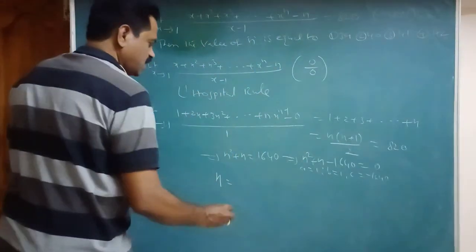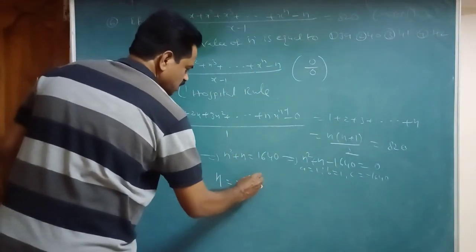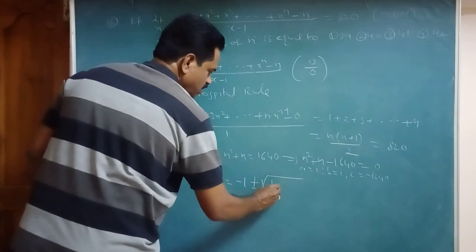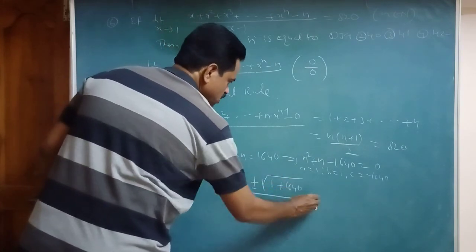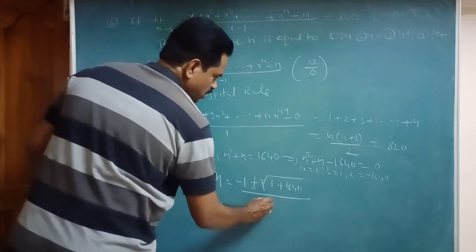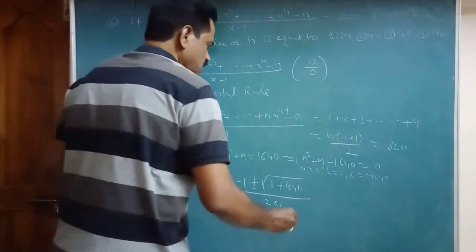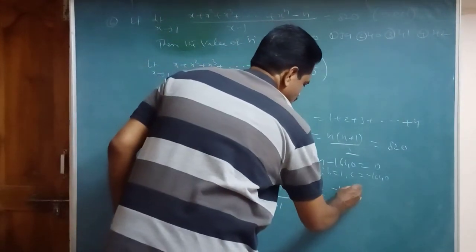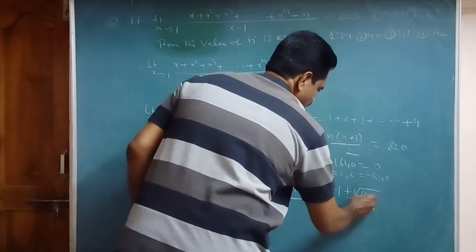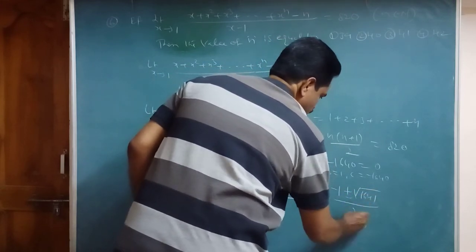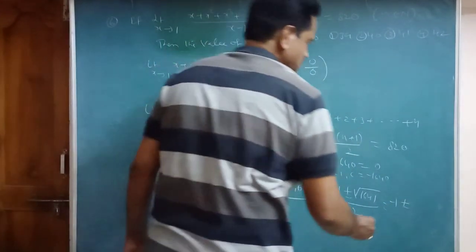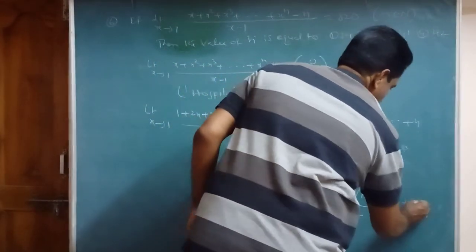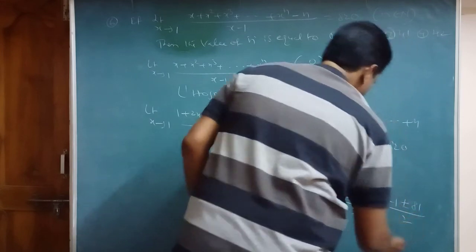Substituting, n equals minus 1 plus or minus root 1 plus 1640, divided by 2. So minus 1 plus or minus root 1641 by 2, and 1641 is 81 square, so 81 by 2.